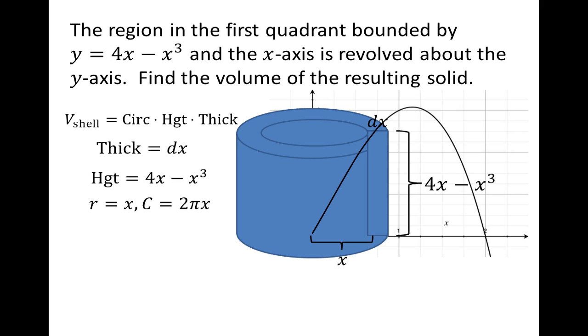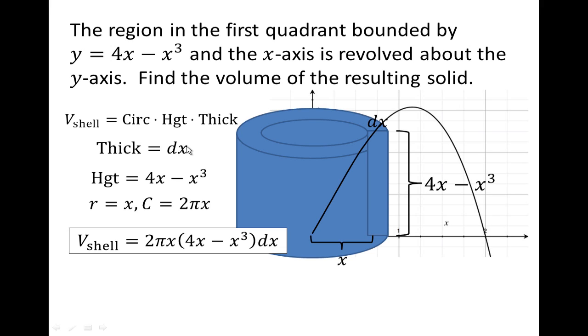So we put all these pieces together. The circumference is 2 pi times x, the height is our function, multiplied by dx, and the volume of our shell will be this. In general, we can make general statements about this. The only thing we'll really change is what's inside here, our function value. The 2 pi times x will stay the same, and the dx will stay the same as the thickness.